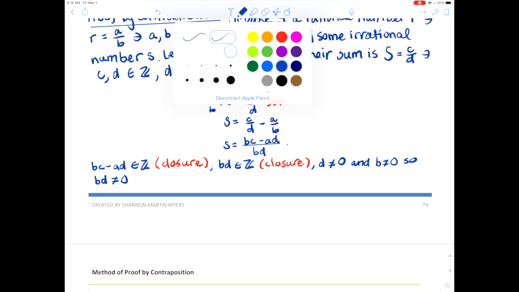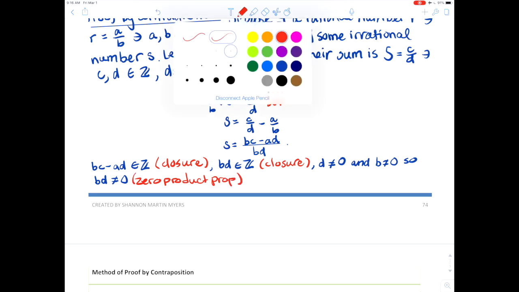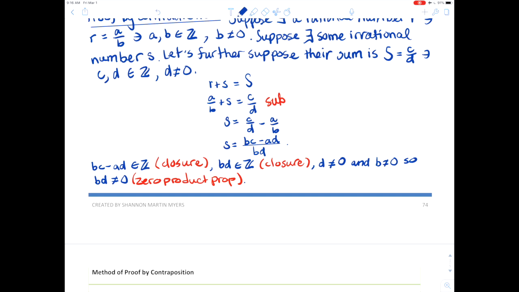And remember, that's by that zero product property that we learned. Thus, s is rational, which is a contradiction.